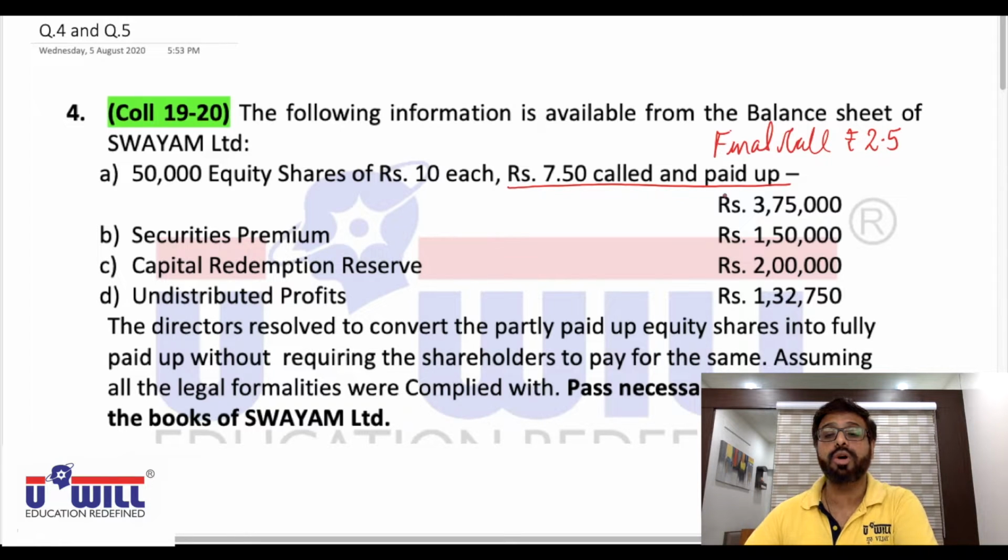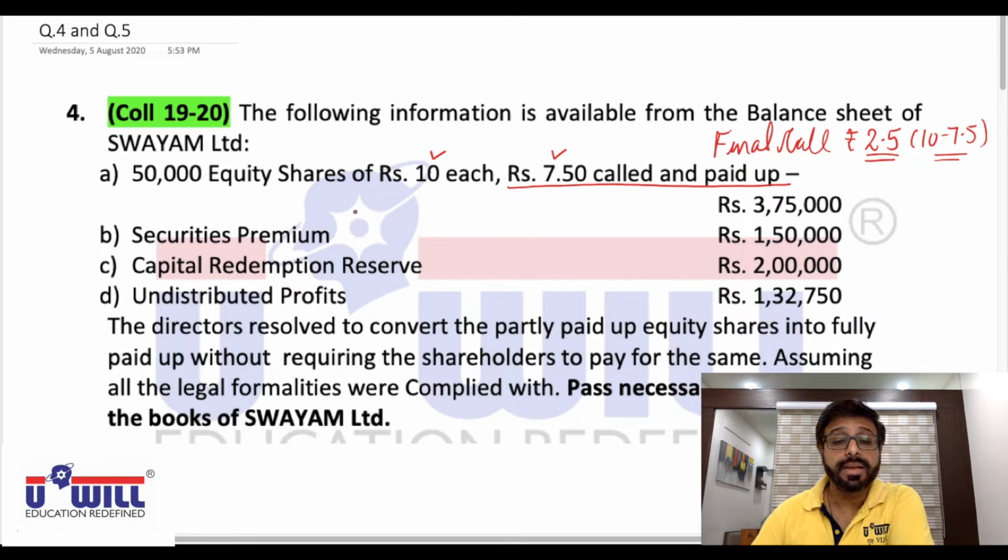Can I say 2.5 rupees? I repeat, out of 10 rupees, 7.5 is called by the company and paid by the shareholders. So how much final call is not yet called by the company? 10 minus 7.5, 2.5. Okay?